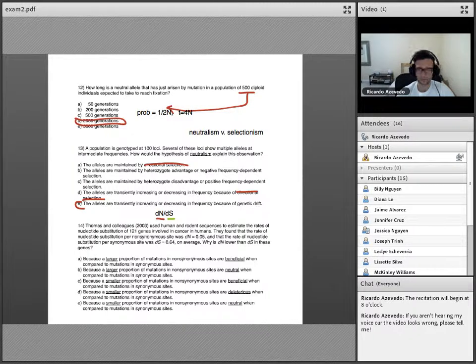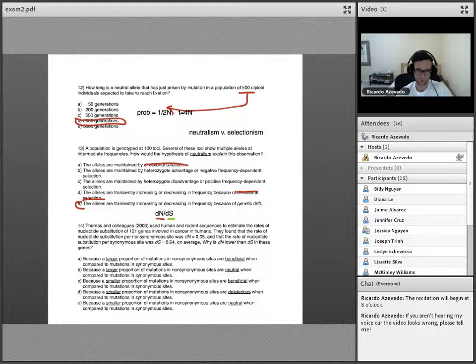The assumption was that when dN/dS is bigger than 1, most alleles are beneficial. If it's smaller than 1, most substitutions are deleterious. If it's equal to 1, most substitutions are neutral. So in this case, dN is much lower than dS. So A, because a large proportion of mutations in non-synonymous substitutions are beneficial?